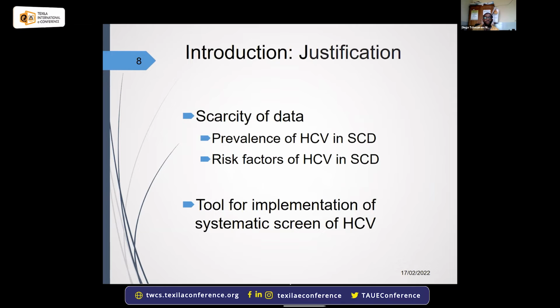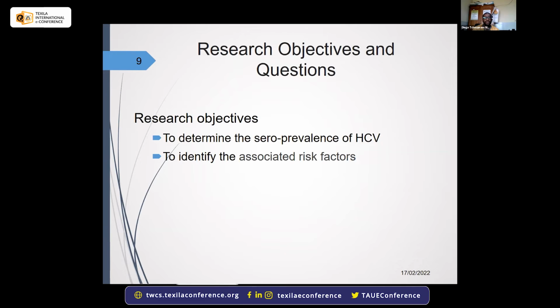So we decided to implement this study in our setting, with the research objective to determine the seroprevalence of hepatitis C virus and to identify the associated risk factors.